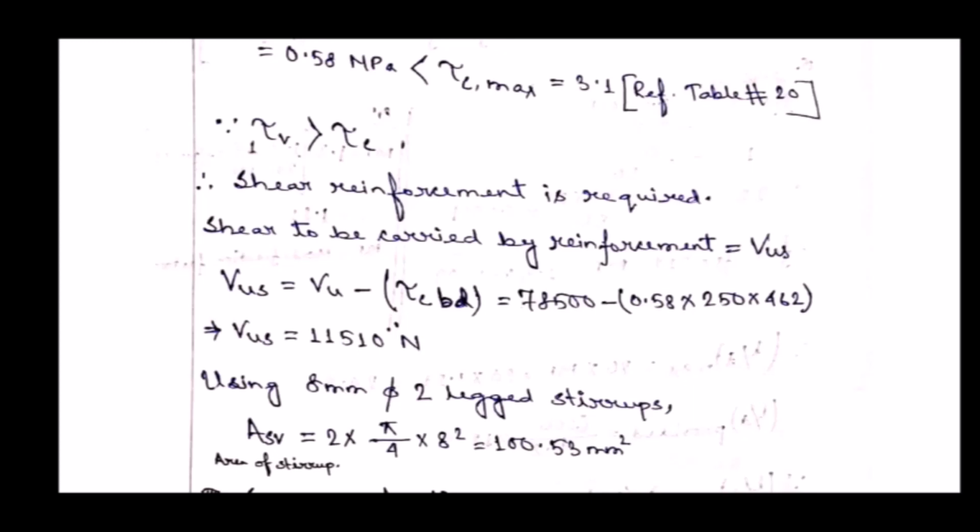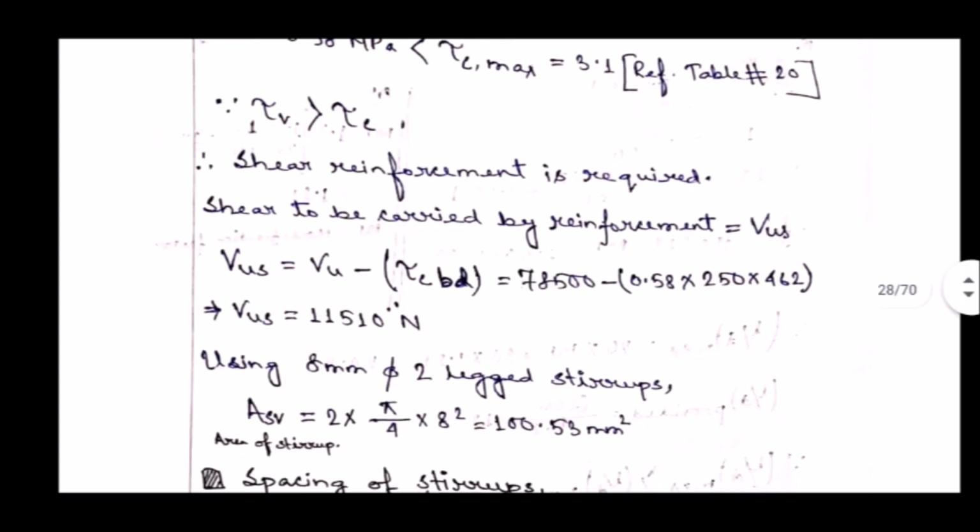The shear to be carried by reinforcement is VUS. VUS is VU minus tau c into BD. Tau c into BD means the shear carried by the cross section, that is by the concrete. So the excess value VUS which has to be carried by reinforcement is 11,510 Newton.